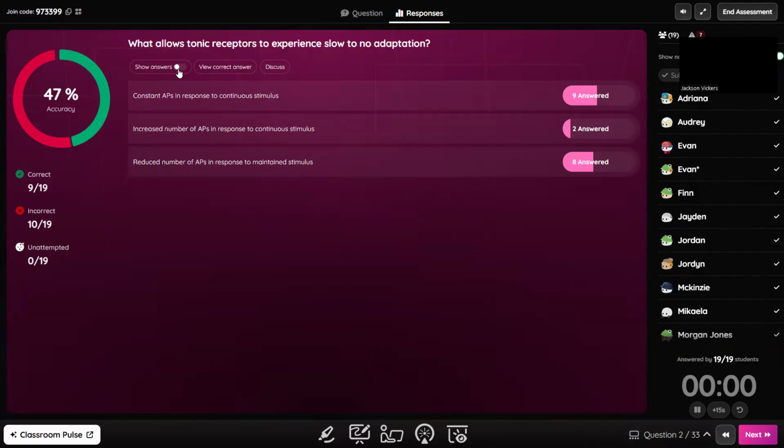If you have a phasic receptor, the number of action potentials is going to decrease with a constant stimulus. Does that make sense? That's probably a slide you should go back and review. And if at any point you do have questions, ask us before we go to the next one.